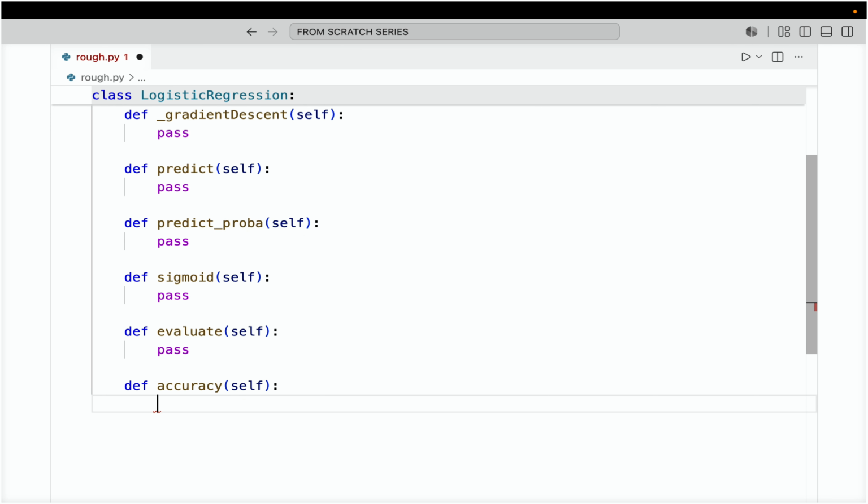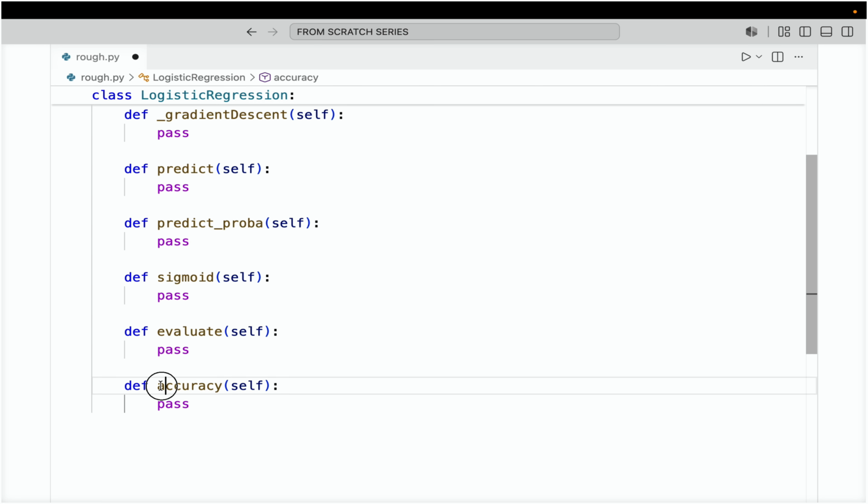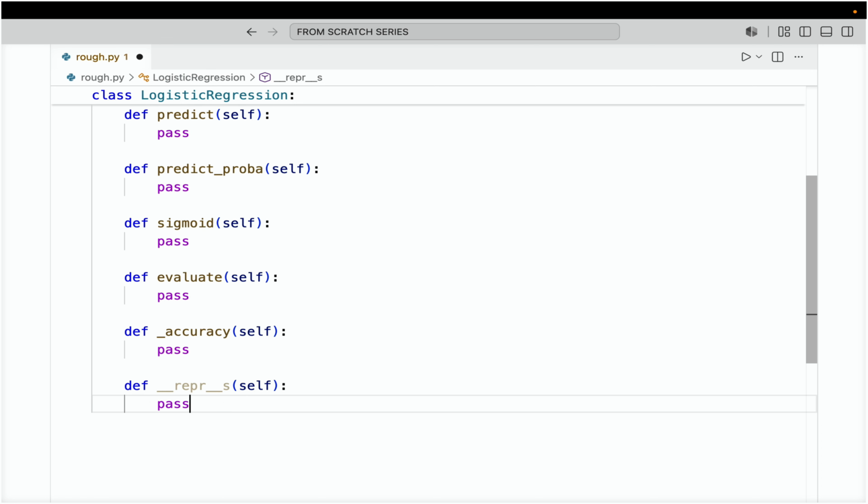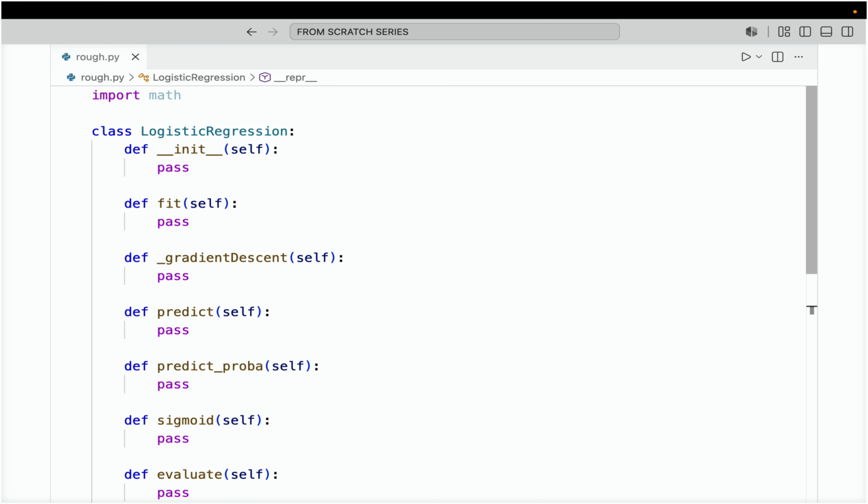Yes, so the evaluation metrics for regression and classification algorithms are different. We'll just put this as this. And representation. Looks good so far. Alright, let's get started.